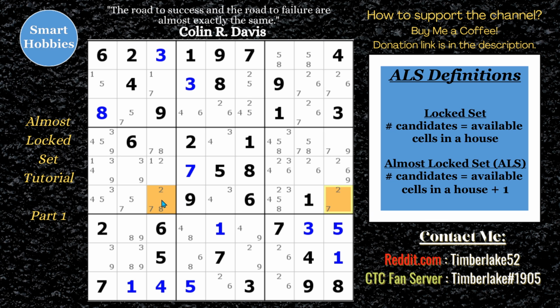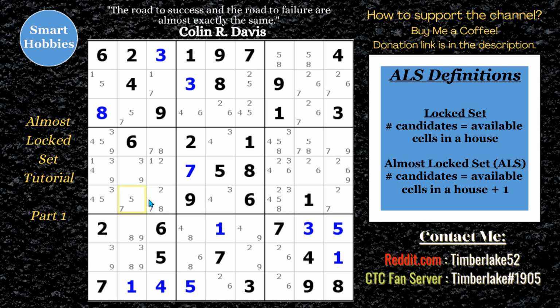So that is an almost locked set. Okay, and you can expand it a little bit more. We could add on this, and now you see 2, 5, 7, 8, 4 candidates in 3 cells, another almost locked set. And you can just keep on growing until you get to 8 cells with 9 possible candidates. That's the biggest almost locked set you're going to get, right?